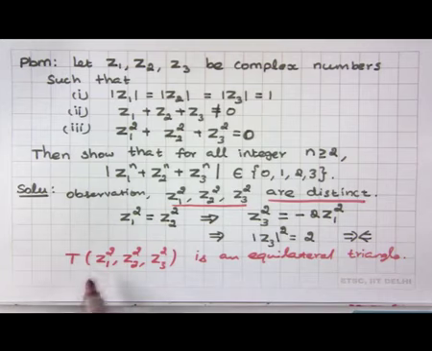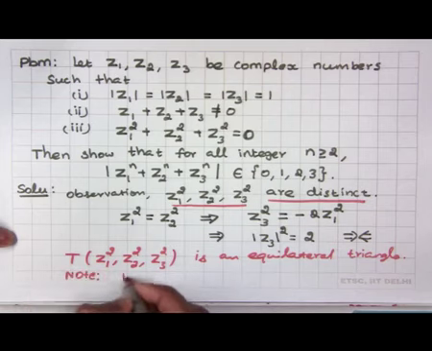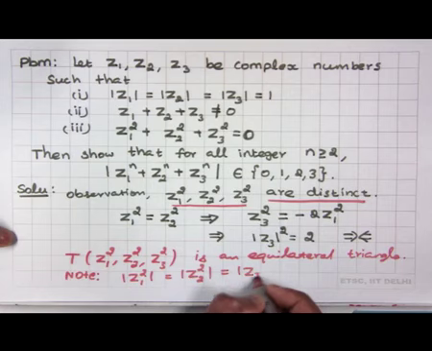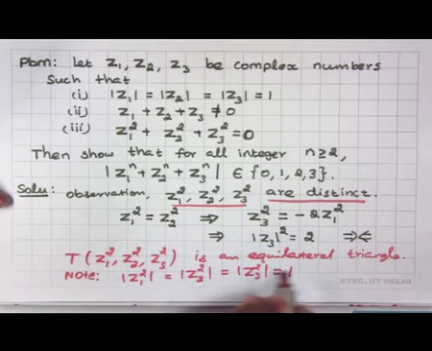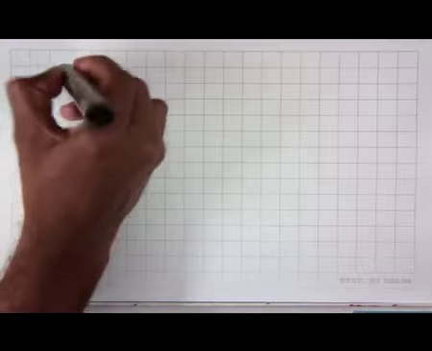And notice one more thing: the moduli of Z1 square, Z2 square, Z3 square are 1. So, they lie on a unit circle and the corresponding vertices give rise to an equilateral triangle, which means that the complex numbers can be connected through omega.